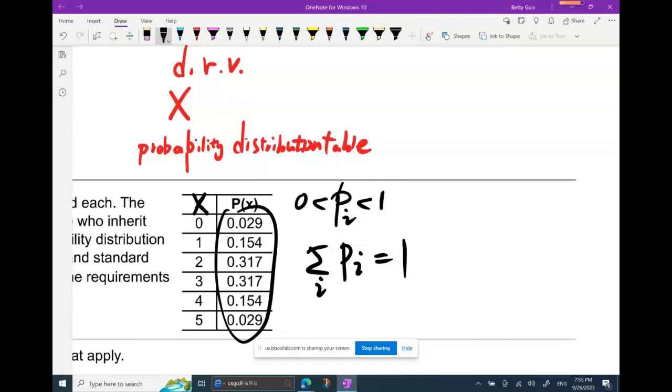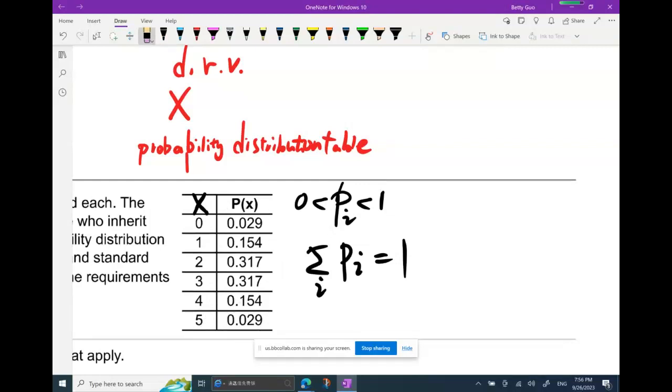They should add up to 1. Does that make sense? The probabilities have to add up to 1, 100%, because in any procedure, the result is either this outcome or this outcome, at least one of the outcomes occurs, right? So altogether, they add up to 100%.